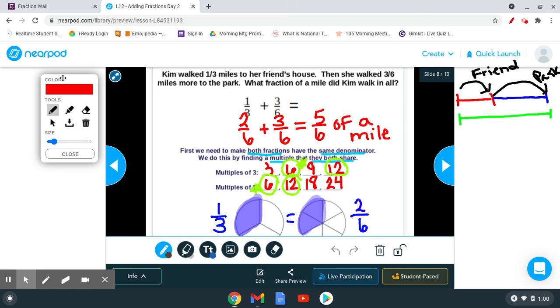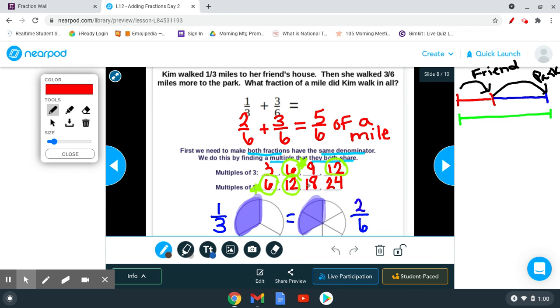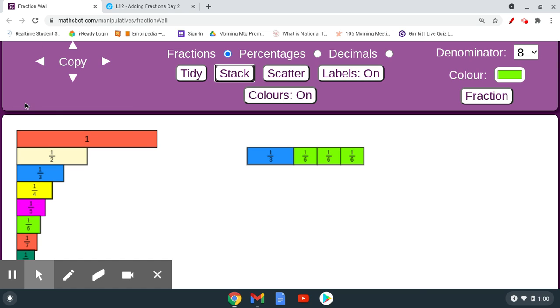Let's see what this looks like with fraction blocks to check. So we already have our problem set up of 1/3 plus 3/6. We know that we're going to change them all to having pieces that are the size of 6 because we found that common denominator by listing our multiples here. So now I'm just going to replace the 1/3 with sixths and take a look.